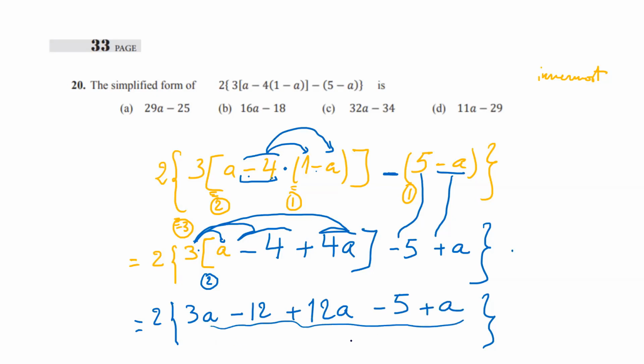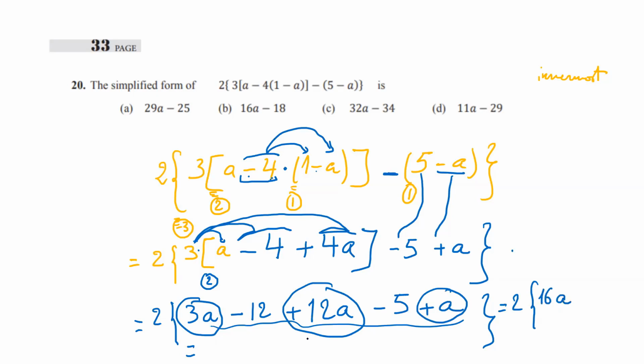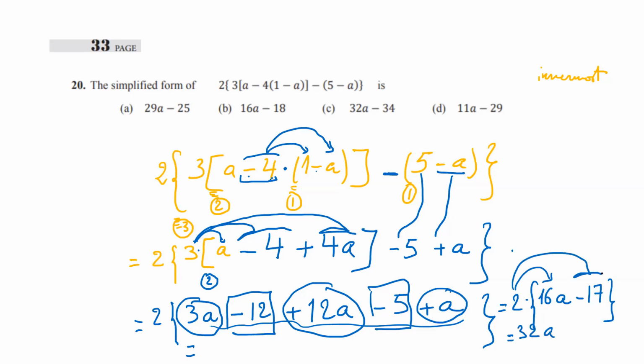Now we simplify what is inside. Like terms, we have 3a, 12a, 15a, plus a, 16a. Numbers, we have minus 12 and minus 5, minus 17. Finally, multiplication over subtraction. We distribute 2: 32a, 2 times negative 17, negative 34. So this is the correct answer.